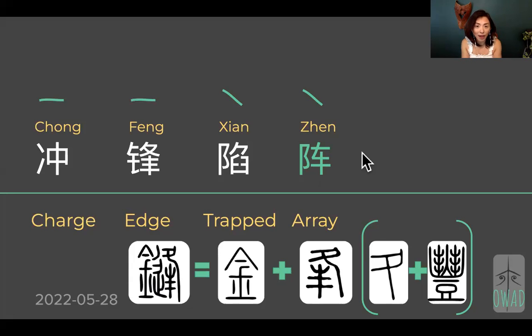It's the same array, but this time we're coming from the abstract mathematical world to the battlefield. 阵 in the battlefield, in 冲锋陷阵, this expression means the formation of the army, the layout. So apparently in the previous, probably the contemporary wartime as well, how to position your army, what kind of weaponry strategically placed anywhere on the battlefield makes a big difference.